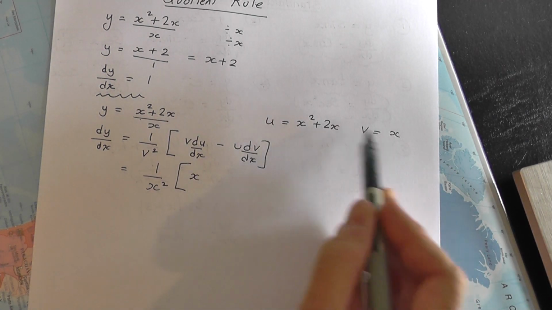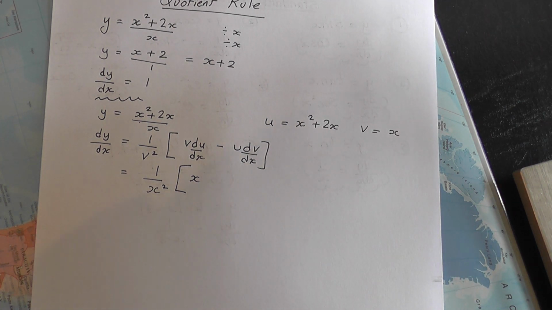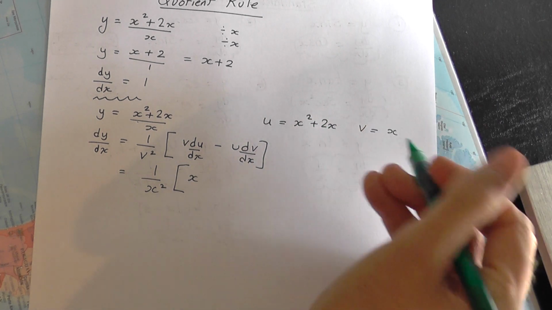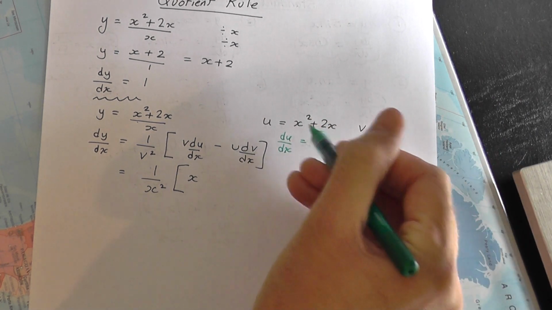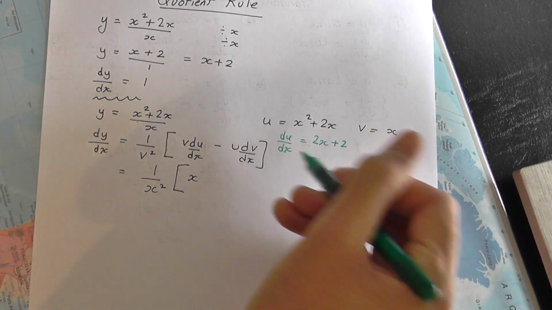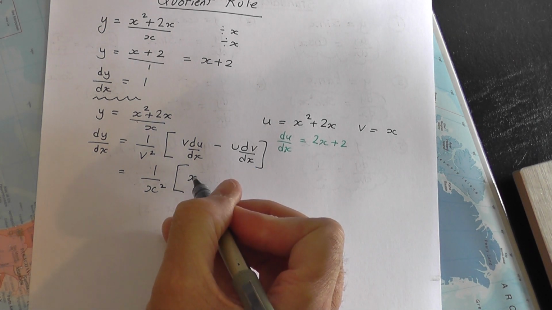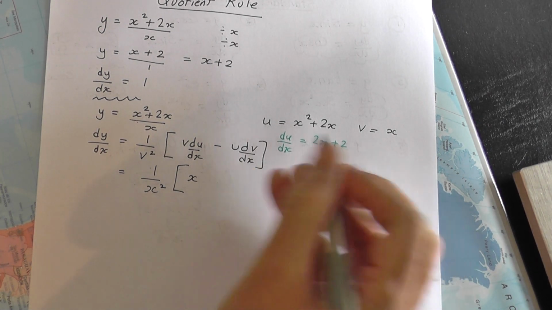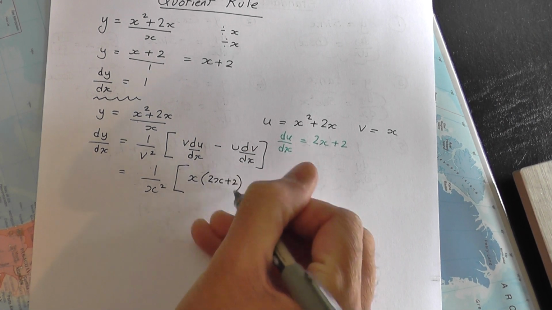Well, I don't know at the moment what du by dx is, so I'll go to my green. From the first thing, u is equal to x squared plus 2x, so I can work out du by dx. x squared becomes 2x, plus 2x becomes plus 2. So there's du by dx. Go back to here, x gets multiplied by du by dx. So it's 2x plus 2.